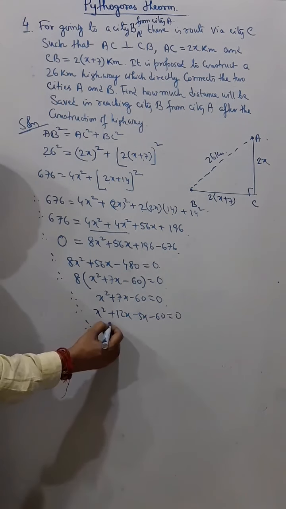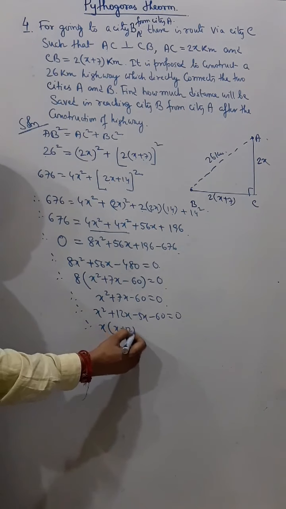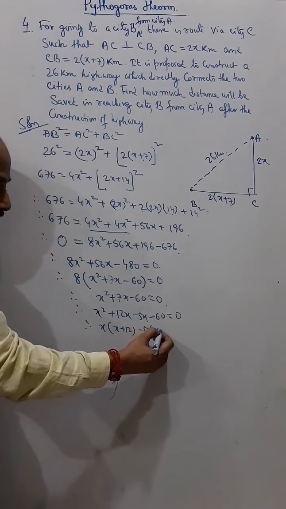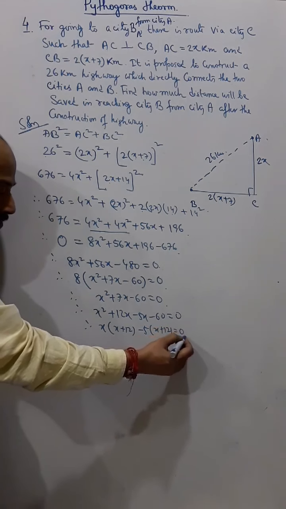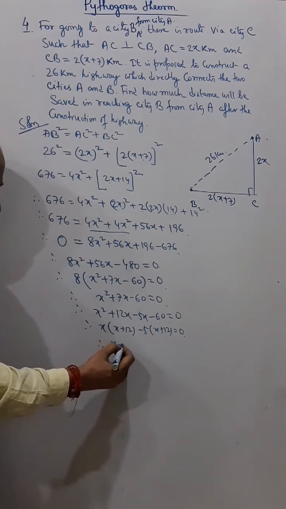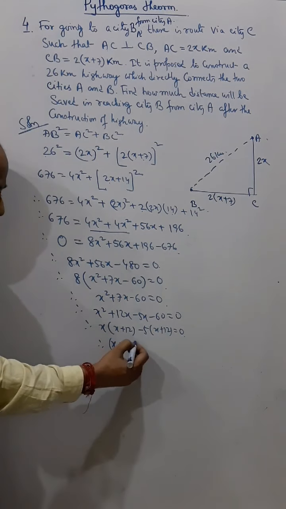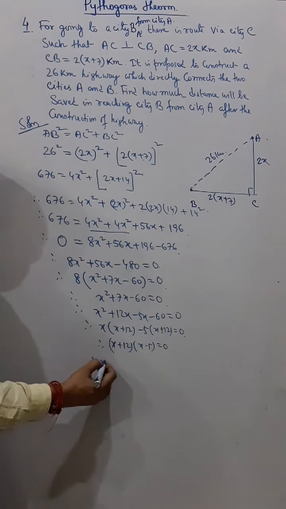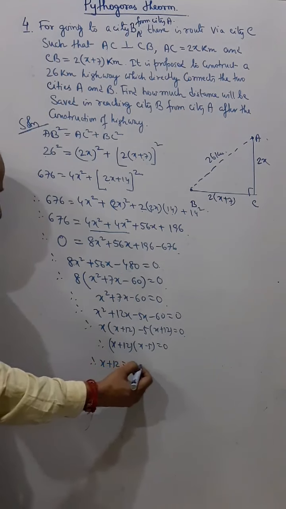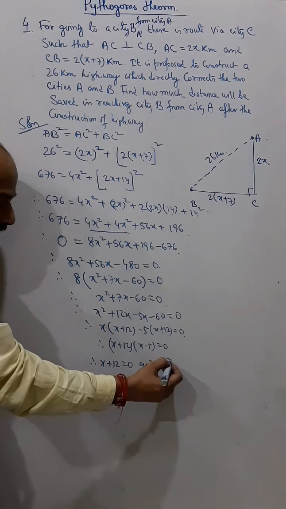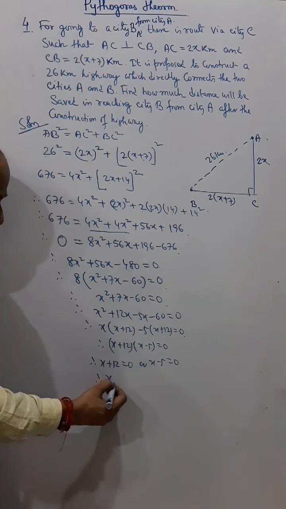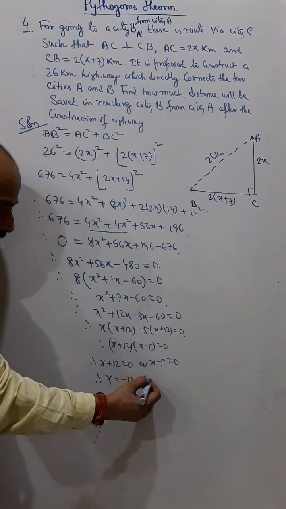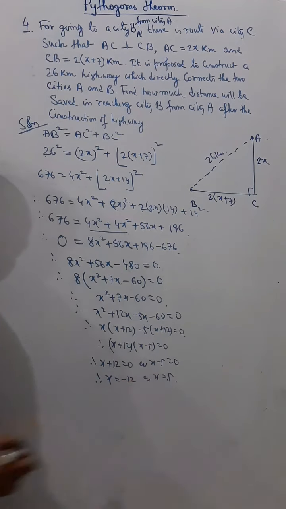We can take x common, x plus 12, minus 5 common, x plus 12. Finally, we can take x plus 12 common here, so we get x minus 5. So finally, we can say x plus 12 is equal to 0 or x minus 5 is equal to 0. And therefore, x equals minus 12 or x equals 5.